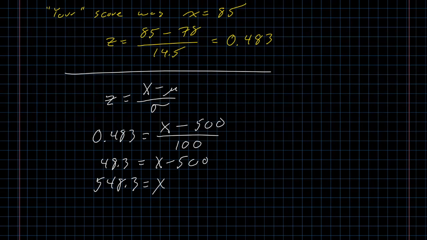And I get that my SAT score should be 548.3. I think that SAT scores round to the nearest 10. They used to, but it's been 20 years since I've really thought about it. So this particular person got an SAT score of 550.